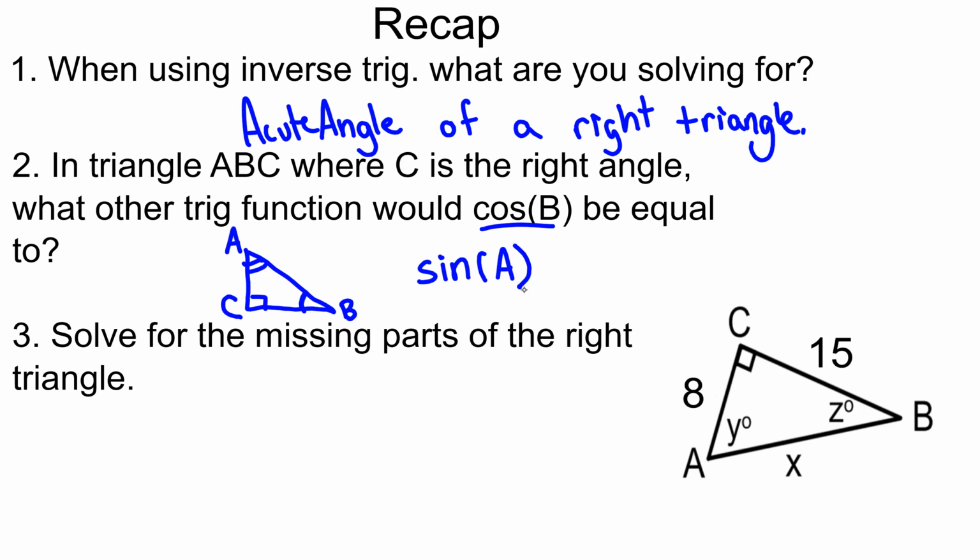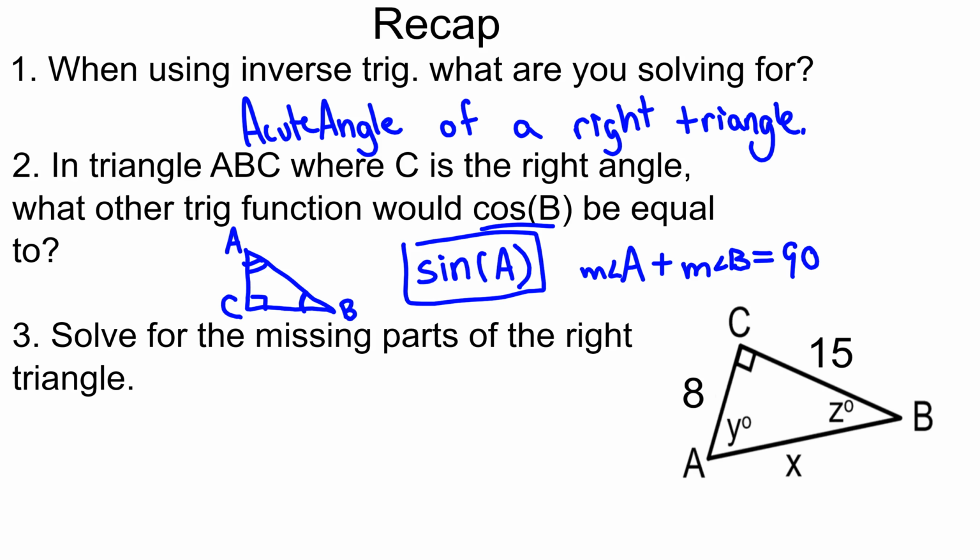So it's going to be the sine of A. And keep in mind that the measure of angle A plus the measure of angle B has to equal 90. But your answer to this problem is in fact the sine of A. Okay, so that's those two.